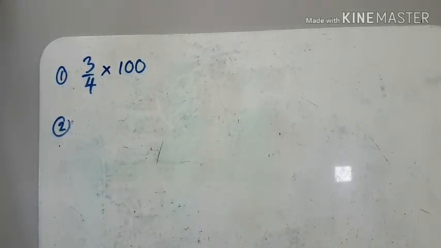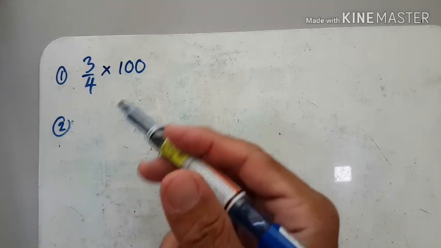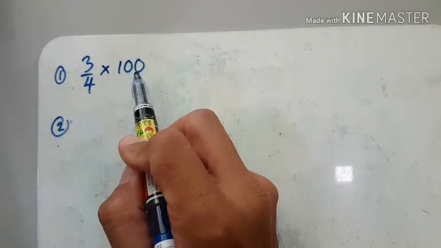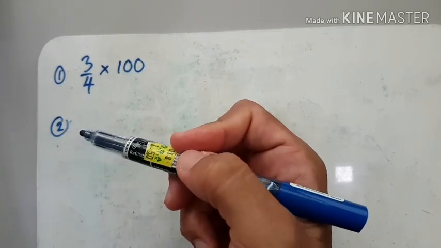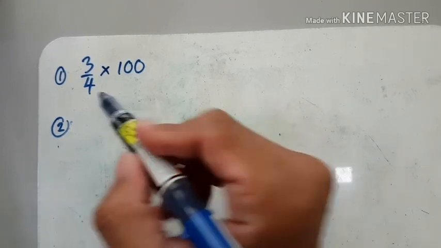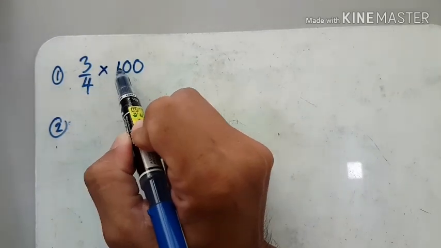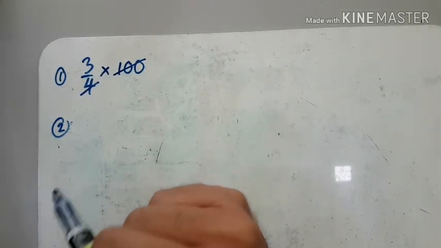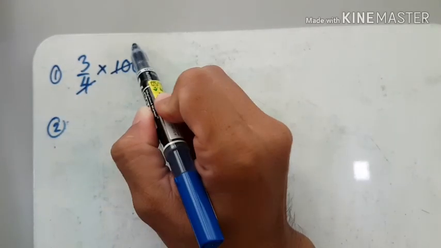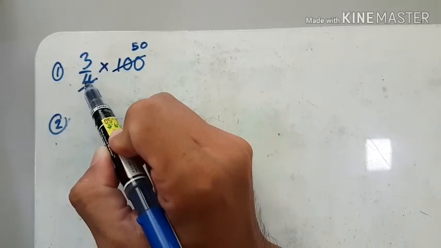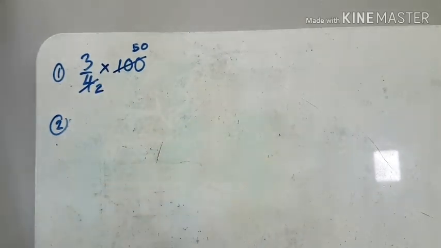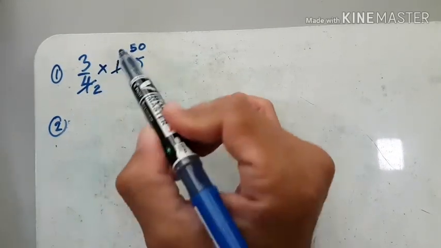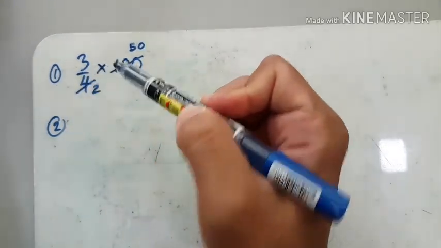So now if it's possible for us to simplify the numerator or the value 100 here with 4, then we do so. That will make our work easier. So 100 and 4, yes, you can cancel them, you can simplify them. 100 you divide by 2 to get 50, and then 4 you divide by 2 to get 2. Now as you can see here, 50 and 2 you can simplify further.